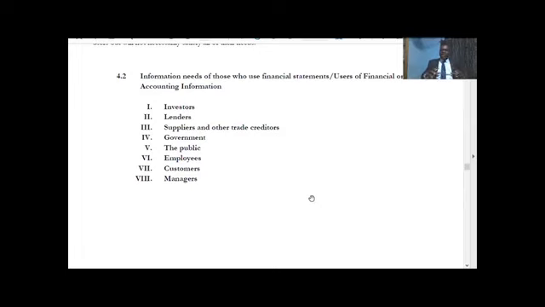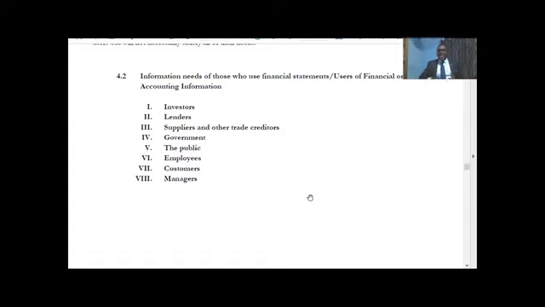That is, would the company make good its taxes? Because if you're a corporate entity and at the end of a particular year you make a profit, there is the need for you to pay your tax, if you are not exempted from taxation. So the government will be interested in some of these things.